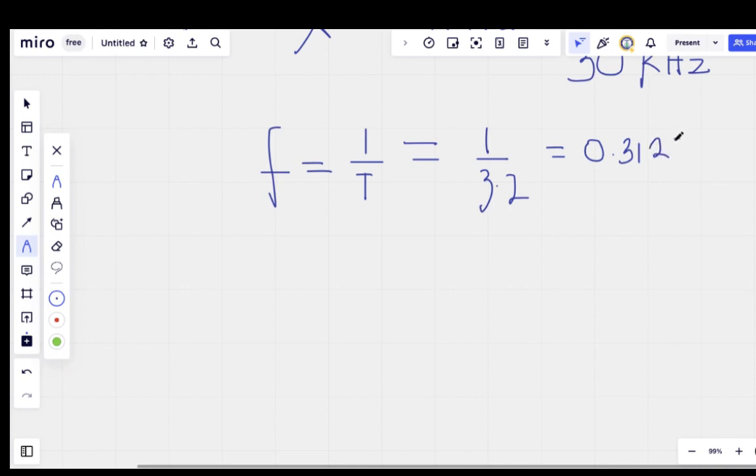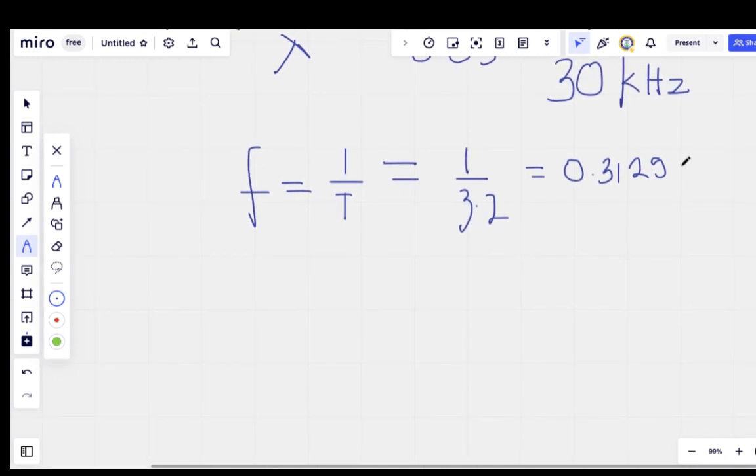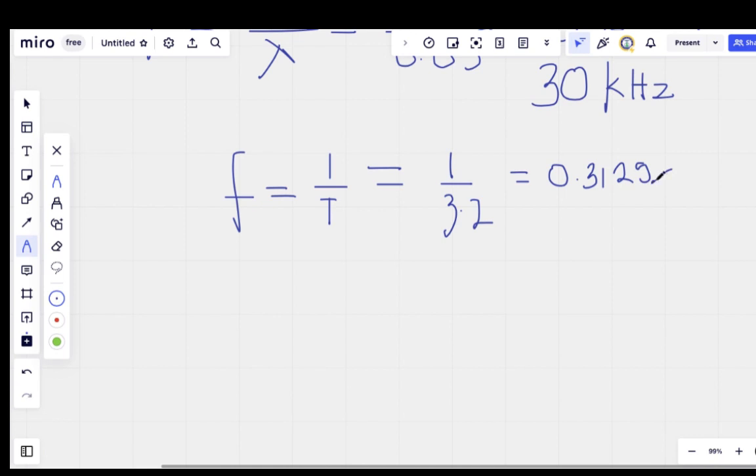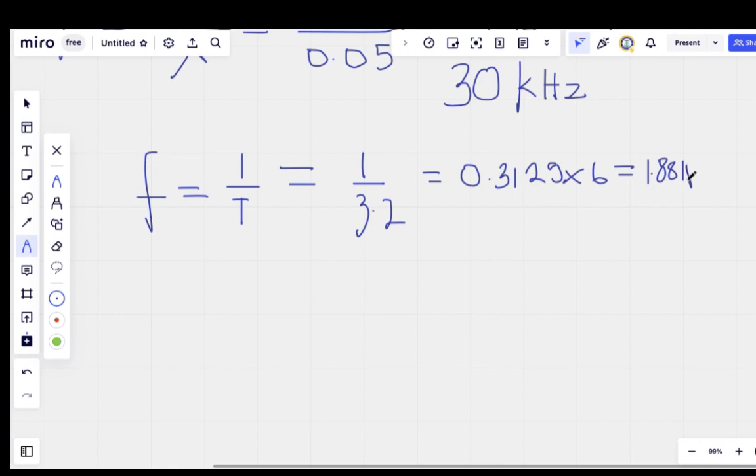Because there are 6 waves, we multiply by 6, and that will give us 1.88 Hz. Is that okay? Do we understand? Yes. Okay, great.